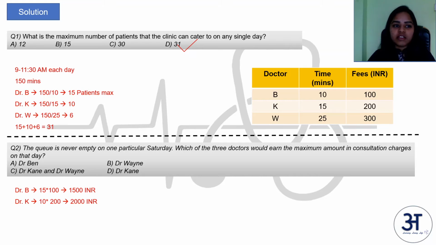So the case with Dr. K is he will be treating 10 patients and he will be earning 10 into 200, that is 2000. So Dr. W will be treating 6 patients and will be earning 300 per patient, so 1800. So the maximum earnings would be those of Dr. K, 2000 INR.